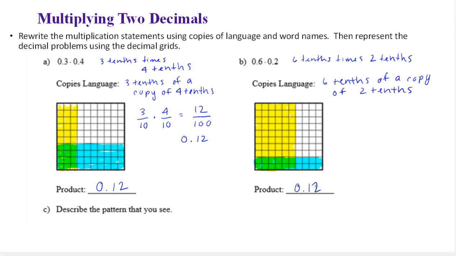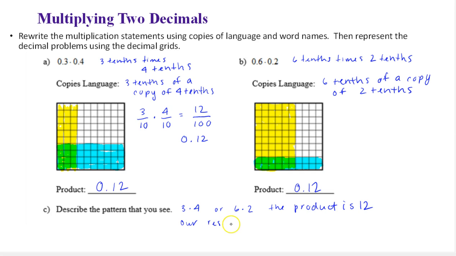Okay. So what patterns do you see? There are a lot of patterns to see here, but let's just focus on the numbers. If we multiply 3 times 4 or 6 times 2 as whole numbers, the product is 12. Here, in both cases, we didn't get 12, but we got a result of 12/100ths.